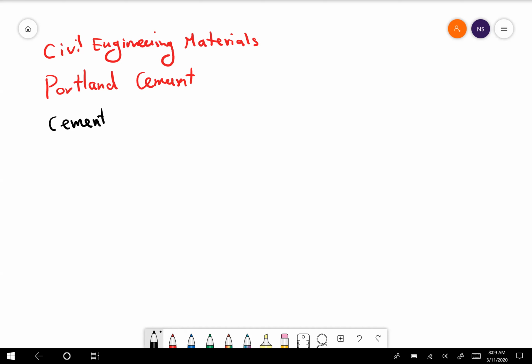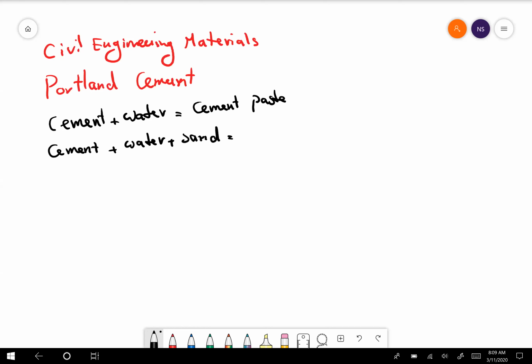We said cement plus water is going to be cement paste. And if you have sand in the mix, it's going to be, call it a mortar.